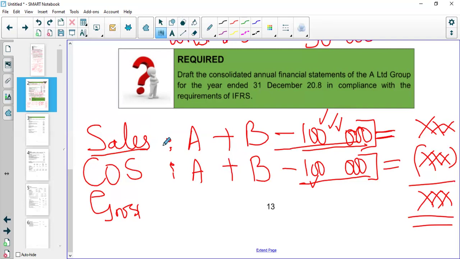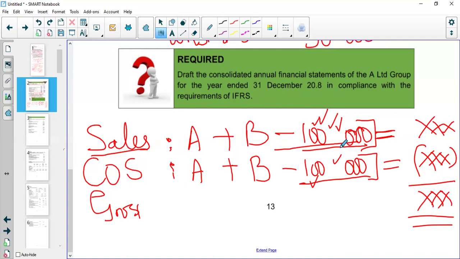Then you start with sales, cost of sales, gross profit, other income, other expenses, and so forth. You will have to subtract this if you are preparing a complete income statement.